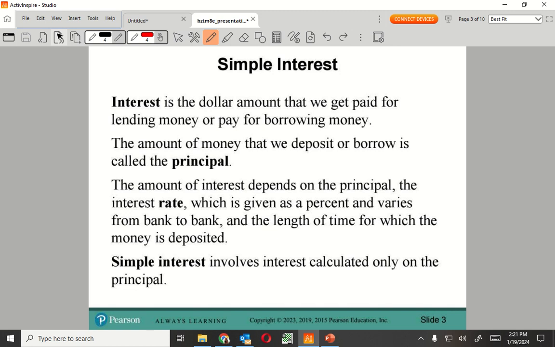So that $1,000 he borrows, he's going to end up paying, in the end, probably $1,100. So he threw on an extra $100. The interest would be the $100 that he had to pay extra to borrow that money. The principal was the $1,000 he borrowed.